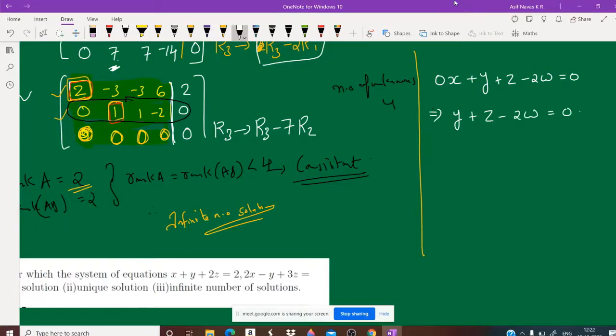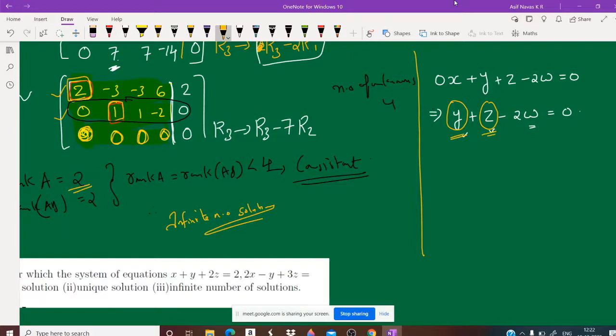Now tell me how many free variables are there? You can choose any value for y and z, but w must depend upon y and z, right? So 2 free variables.